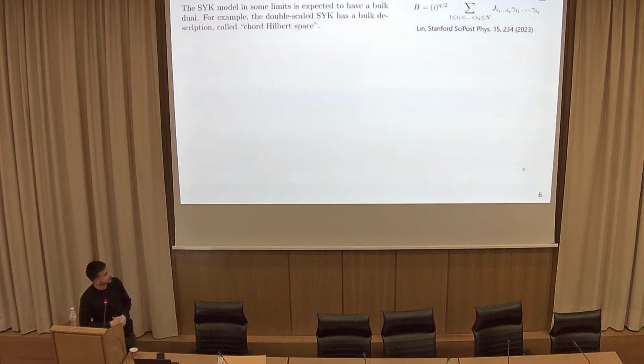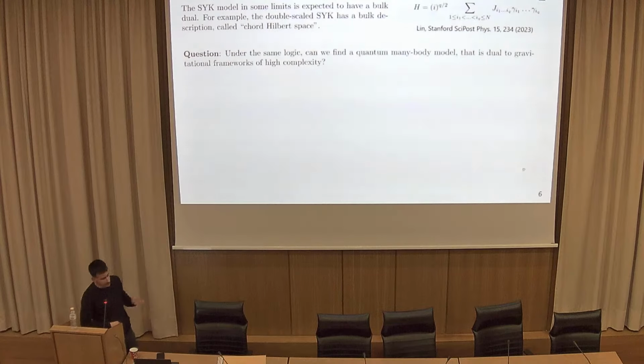The most popular and well-studied such model, and people still work on it, is the SYK model, where people have studied many different regimes, and one of them is the double scale limit, where people think there should be a dual theory related to it. Also, there is a triple scale limit, and people try to make a relation with JT gravity.